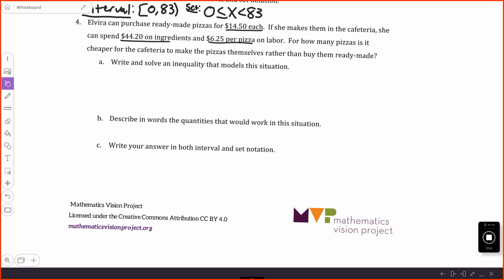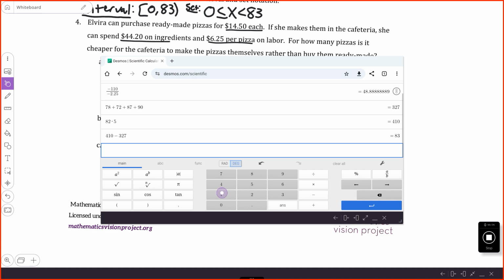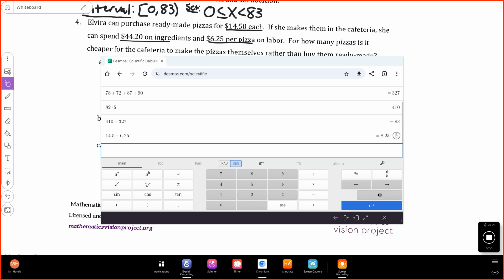So I need to do 6.25x plus 44.20. We want that to be less than 14.50x. So subtract 6.25x from both sides. And I get 44.20 is less than or equal to 14.5 minus 6.25, that'd be 8.25x.